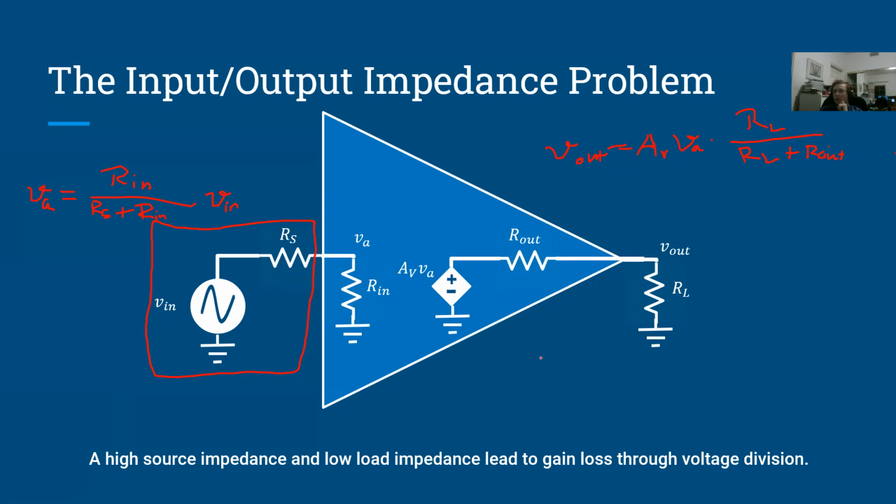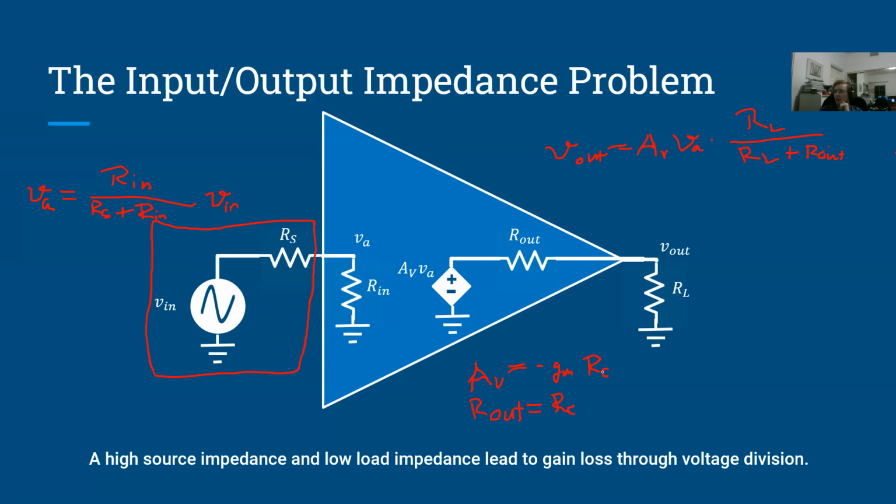So remember with the common emitter amplifier, we had AV, which is the gain, equal to minus GM RC. So we see that the gain depends on RC, but also remember that Rout is equal to RC.